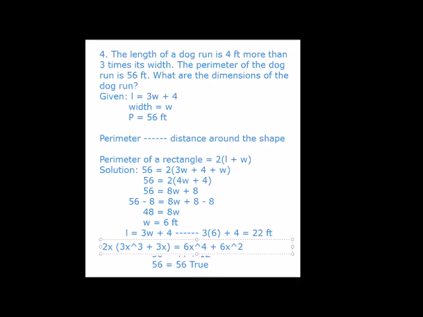We don't have negative numbers here, but the way you did it is correct. 2x times 3x squared plus 3x, so we should have positive 6x to the fourth power. But the distributive property is well applied.